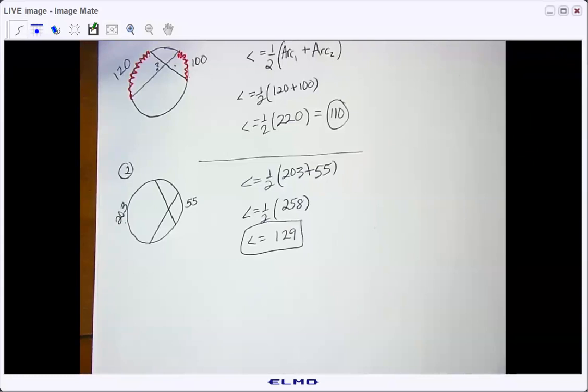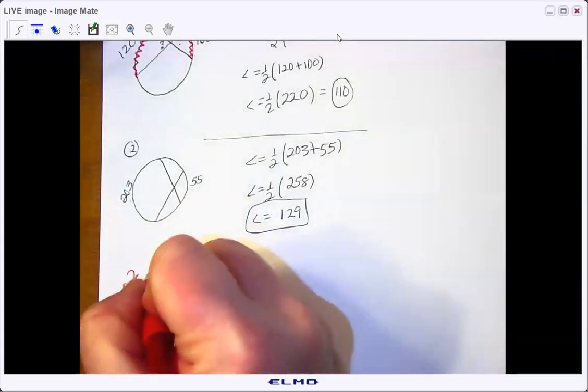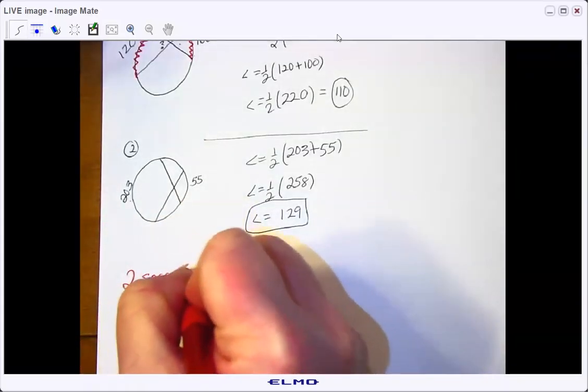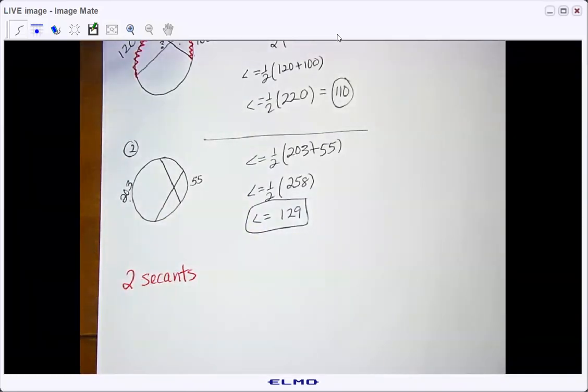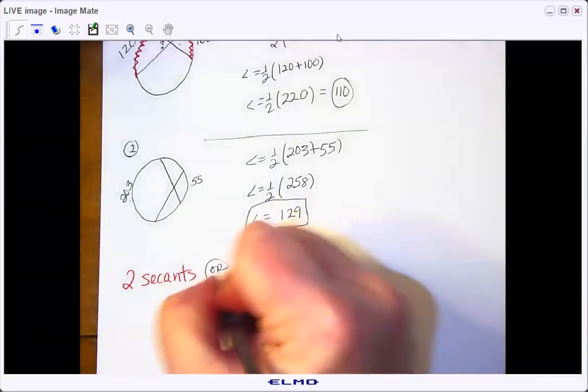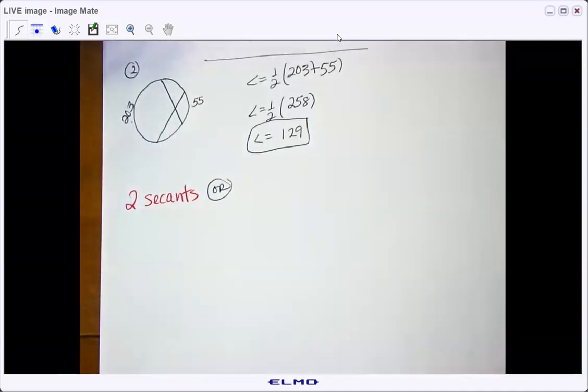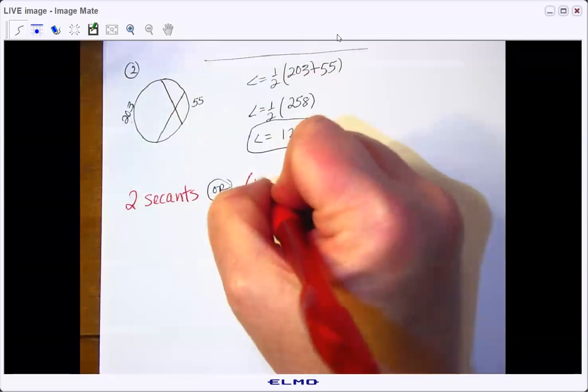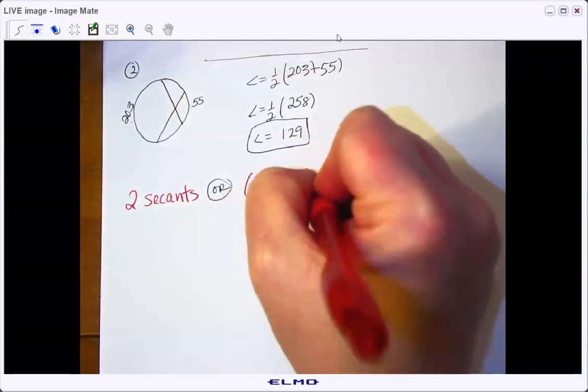So the last one is two secants. So this scenario is 2 secants, or it also works for 1 secant and 1 tangent.